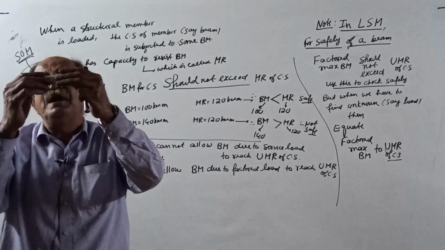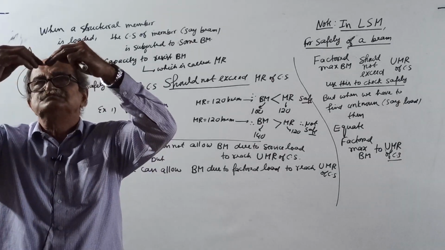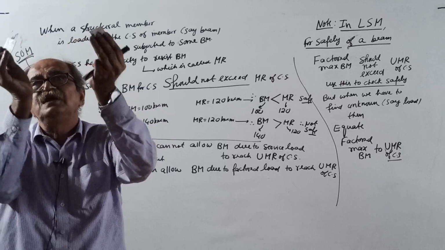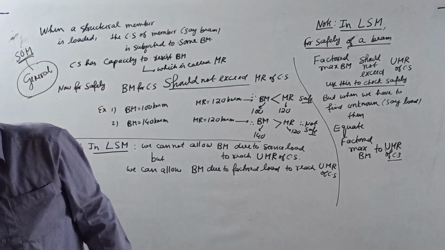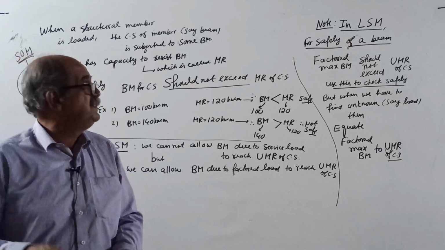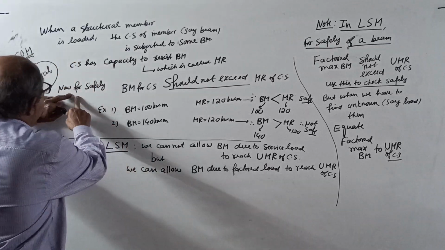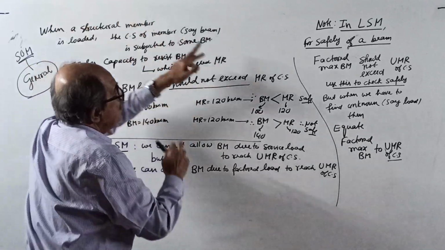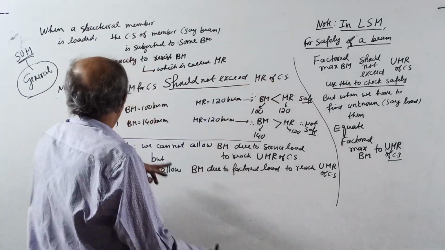I will apply bending moment now. Safe. Now I will apply more bending moment. Gone. See, gone. Why? I applied a bending moment more than the resisting capacity. Therefore, for safety, bending moment for a cross section should not exceed the MR of the cross section.